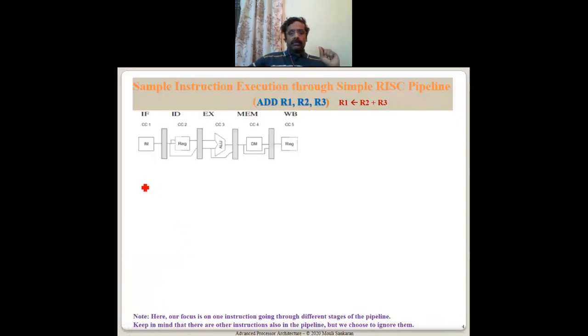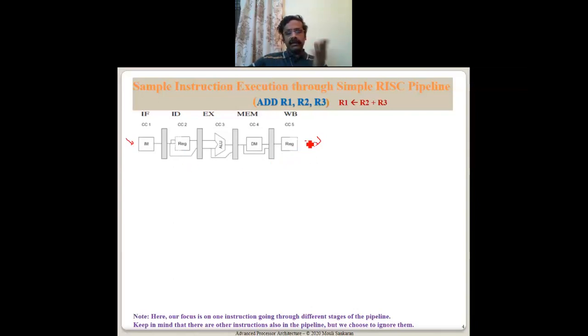Now, this is a simple pipeline. Pipeline means, as with a normal pipeline where water flows through, this is a digital circuit, a structure of sequentially arranged digital logic that takes in an instruction from one end, completes it, and lets it leave.